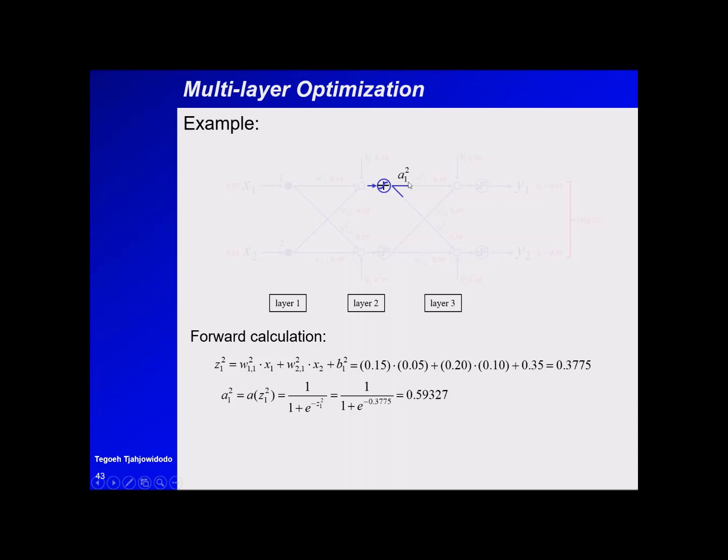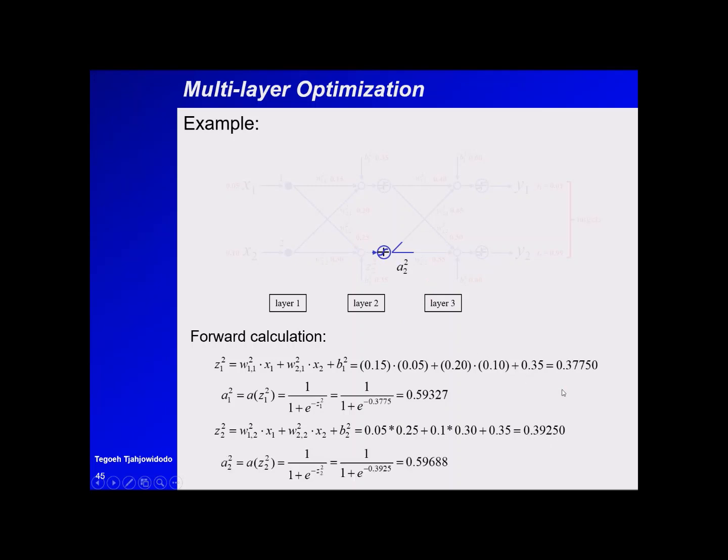So the output of this activation function will be equal to 0.59327. Then I do it again for this node. I calculate it. The result is 0.3925, and then I calculate again the output of this activation function, and this is the value that I get, 0.59688.